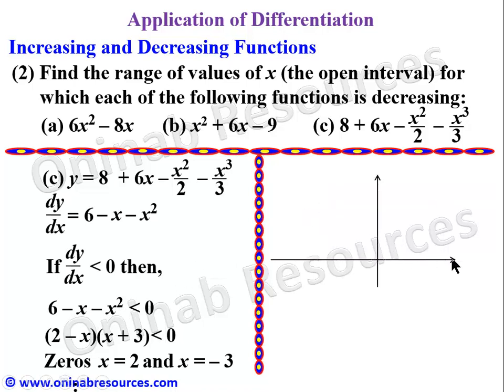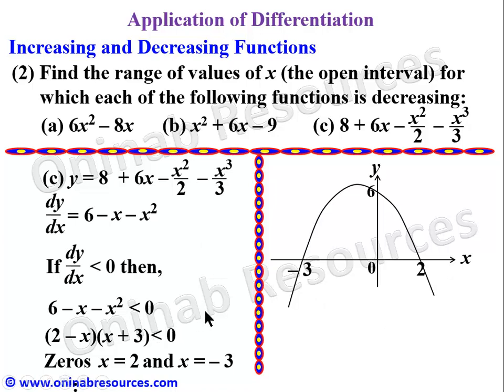So sketching the curve, we have x, this is the y-axis, this is the origin, the negative 3, we have 2, and this is 6. So joining these 3 points, we have something like this.